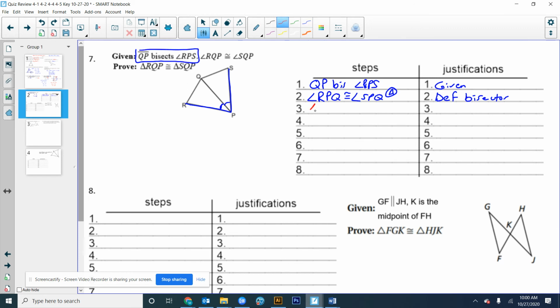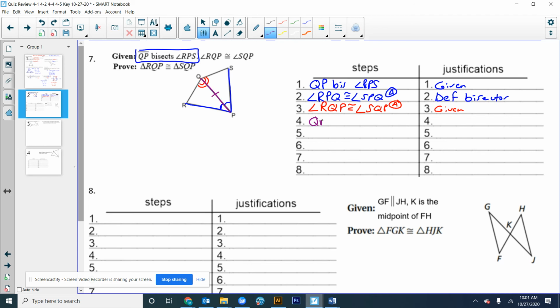The next given is angle RQP is congruent to angle SQP, given. Well, RQP is right here. SQP is right here. Okay, so we have two pairs of angles. Oh, and the triangles are sharing a side.